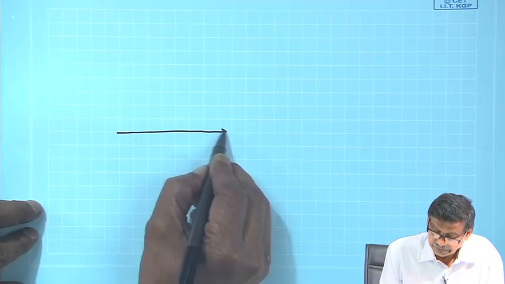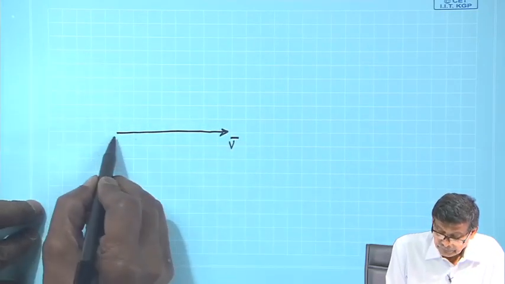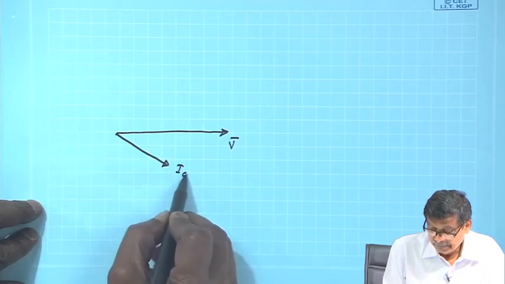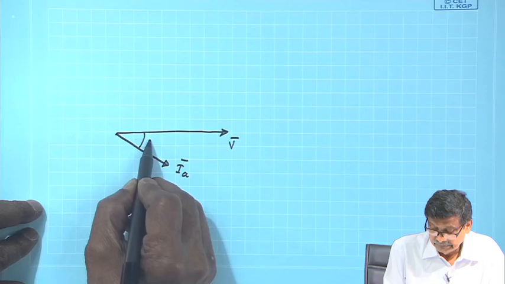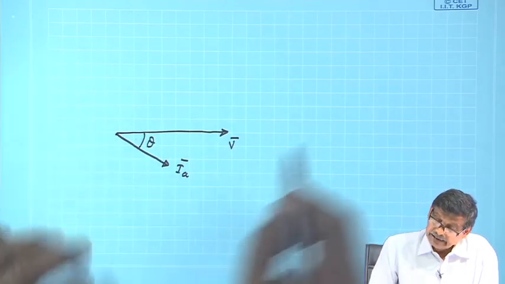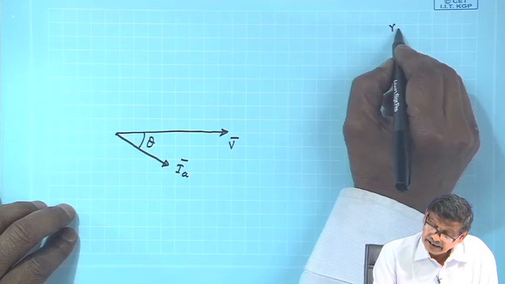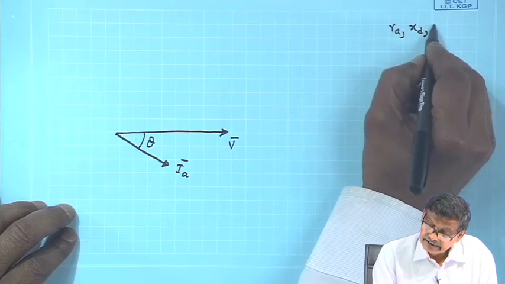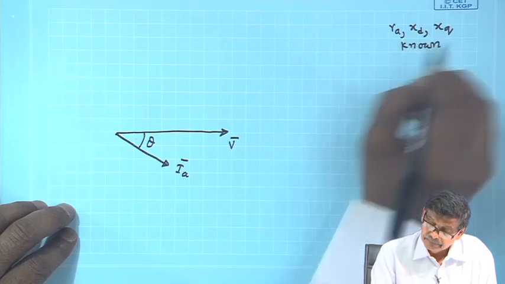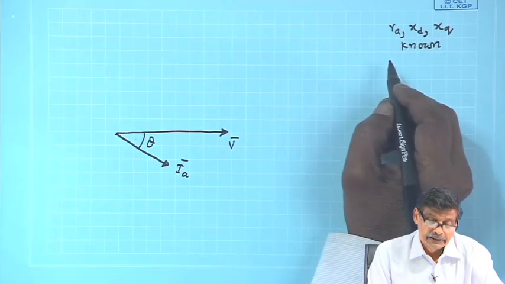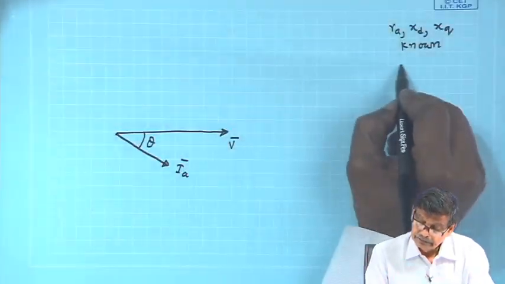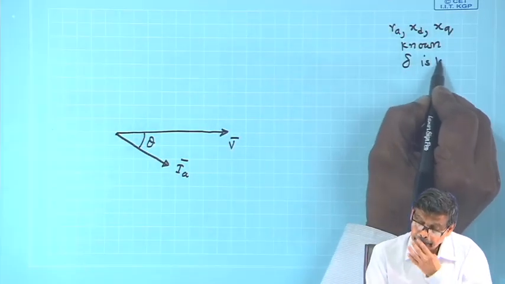I will sketch V, I a also I can sketch, theta, these are the known things, and then R a, x d, x q known. So, calculate tan delta from this expression, delta is known.